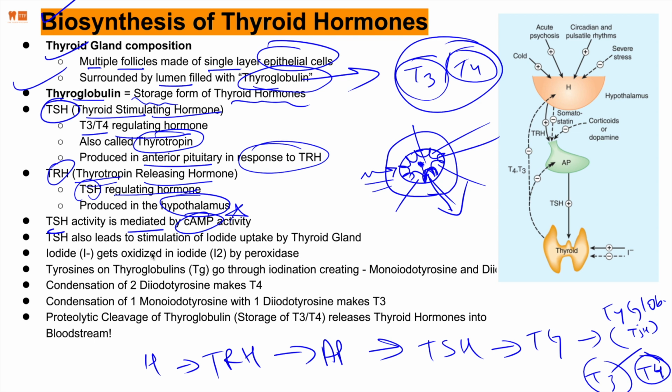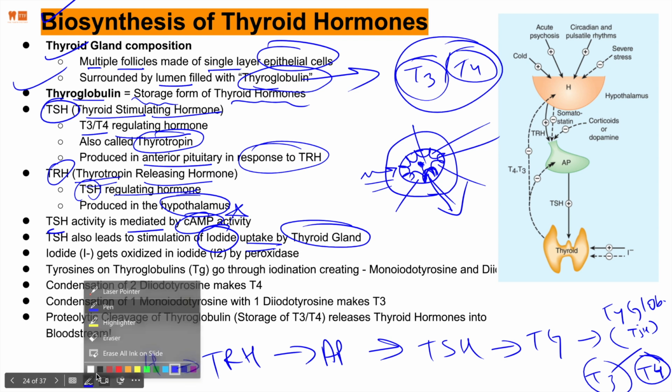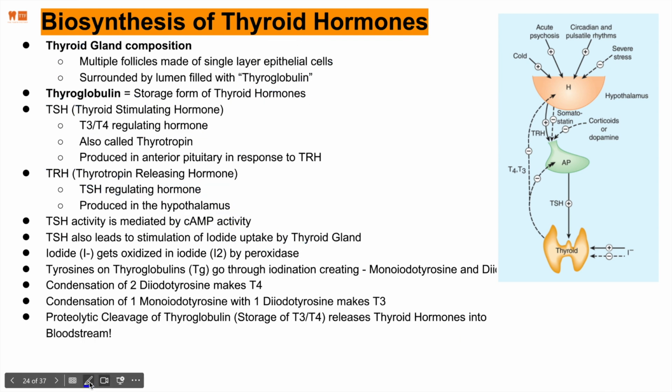TSH also leads to stimulation of iodide uptake by the thyroid gland. Okay, so let me erase everything off the screen here, guys. And let's talk about this. TSH affects iodide uptake by the thyroid gland.